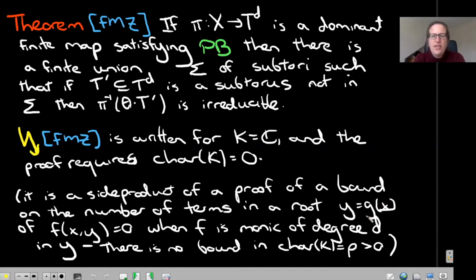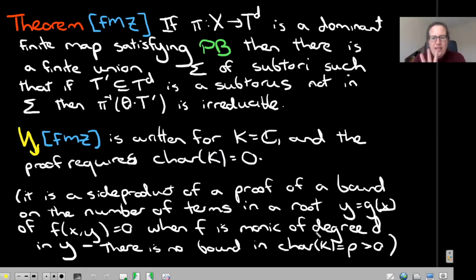So the question is, if this polynomial f of x,y has a root y equals g of x, where g is actually a polynomial, can you bound the number of terms of g in terms of d? Okay. And it turns out in characteristic 0, the answer is yes. And that's one of the punchlines of the FMZ paper. And in characteristic p, the answer is no.